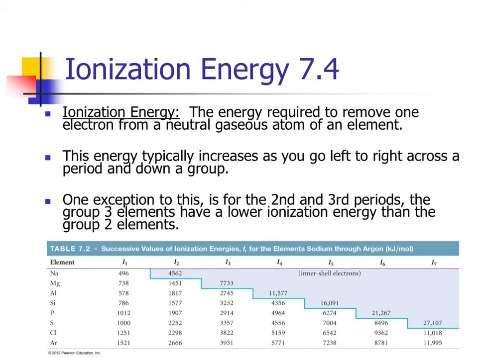As the electrons get closer to the nucleus, the atomic radius decreases. It makes it harder to pull an electron away, meaning it requires more energy.